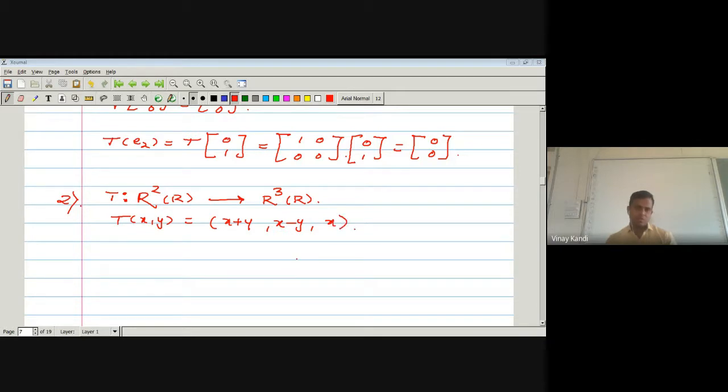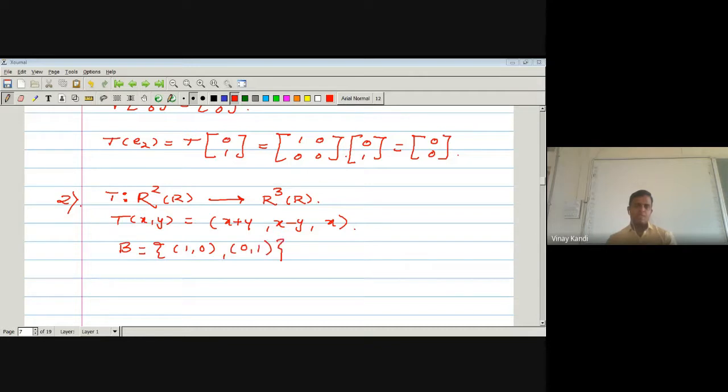Now take the standard ordered basis for the domain R2, which is (1, 0) and (0, 1).